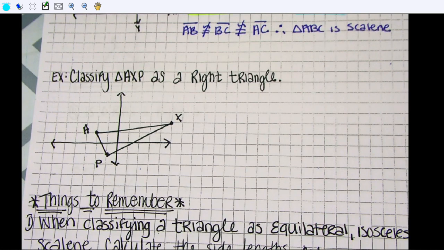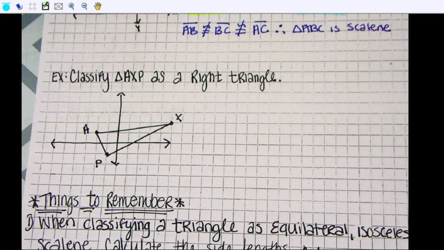All right, so to do a right triangle, what makes a triangle a right triangle? A 90-degree angle. So when it comes to calculating angles in the coordinate plane, the only angle that we know for sure is 90 degrees because perpendicular slopes make 90-degree angles.